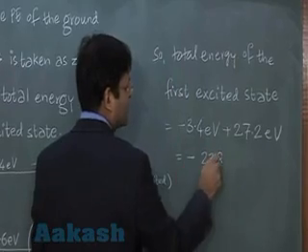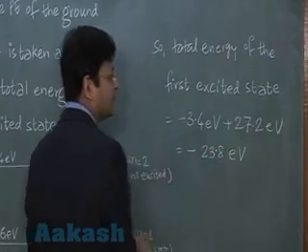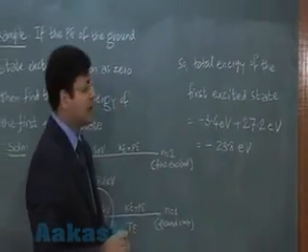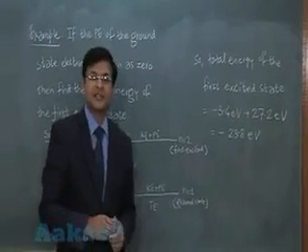That way you can say -23.8 electron volt. This is the total energy you will be having for the first excited state.